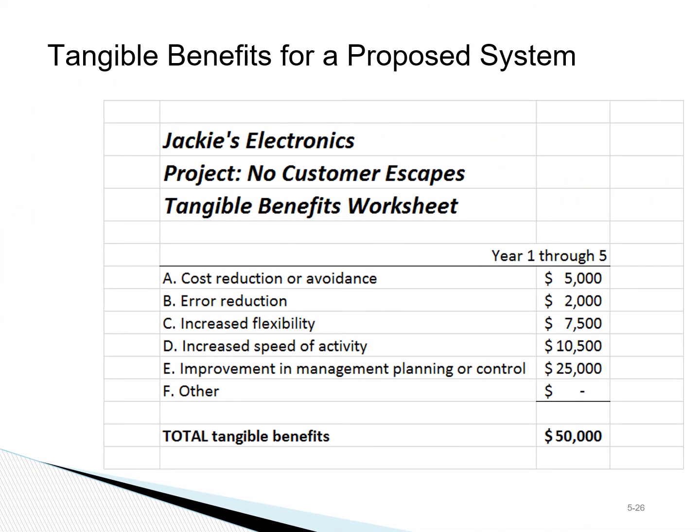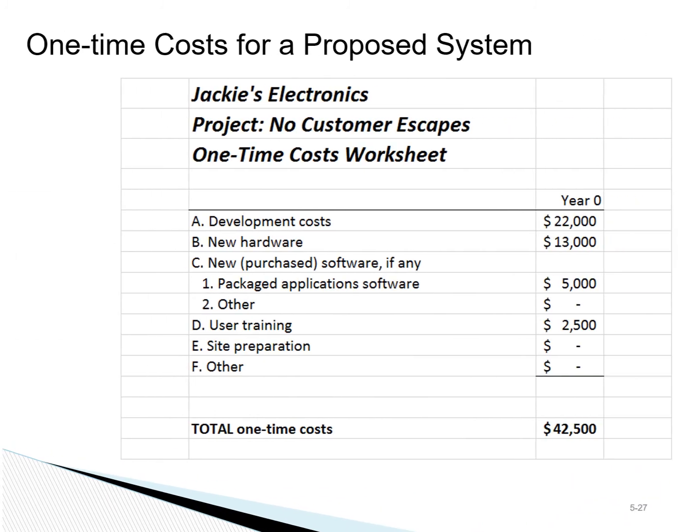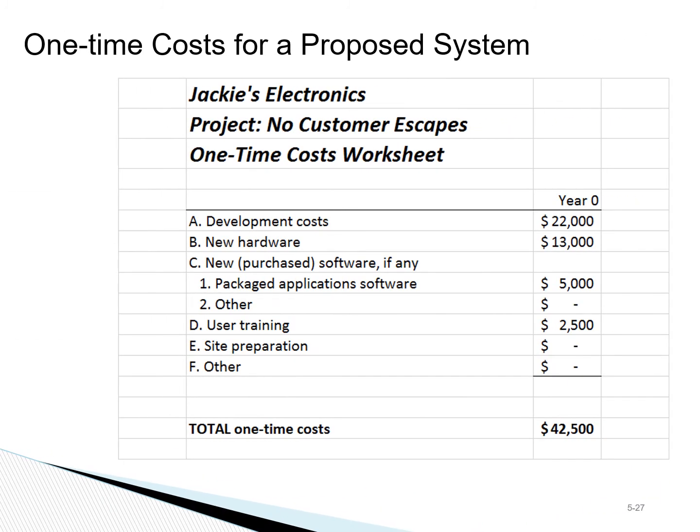During the analysis, one of the things we look at is what the benefits of the system are, and these benefits could be in the form of cost savings, error reduction, or improved productivity. We also need to look at the one-time costs associated with the project.